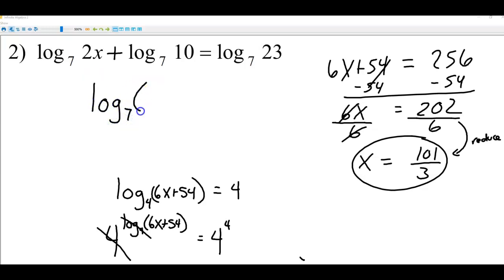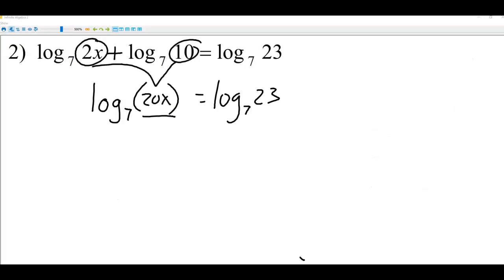All right, I'm going to ask somebody to tell me what goes here. See if you can figure out what goes there, and I'll call on someone to share what they think. And exponentiate. So I'm going to use this as my base, and we're going to do it to this side also.